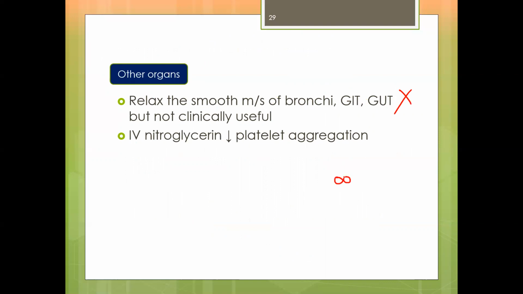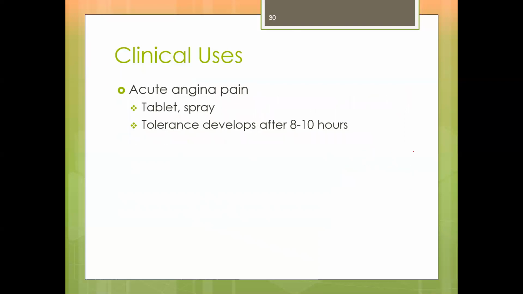So platelets, if they aggregate, they might cause blockage. So when you have IV nitroglycerin, the platelets tend not to aggregate that much, okay, which can be a good thing if you want to prevent blockage in the vessels.